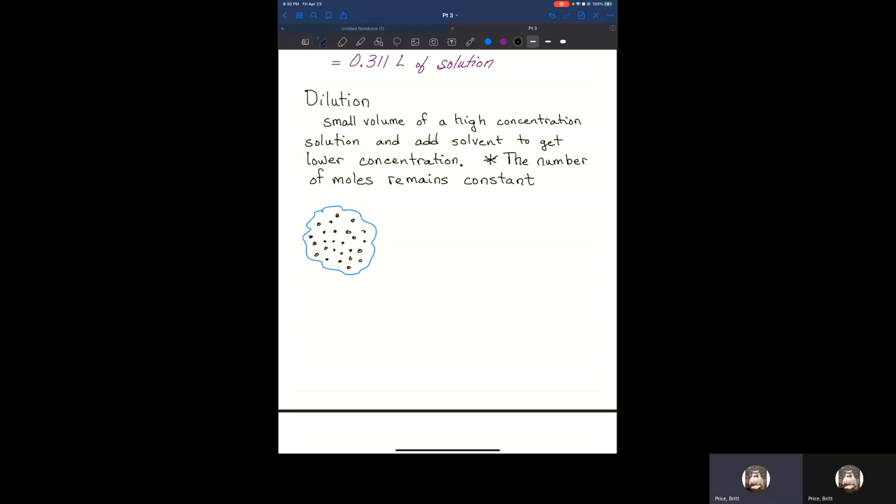Now, what happens if I take this amount of material and instead of leaving it in the same size, I put it into a much bigger puddle? I have the same number of fish. I don't even want to count. 1, 2, 3, 4, 5.